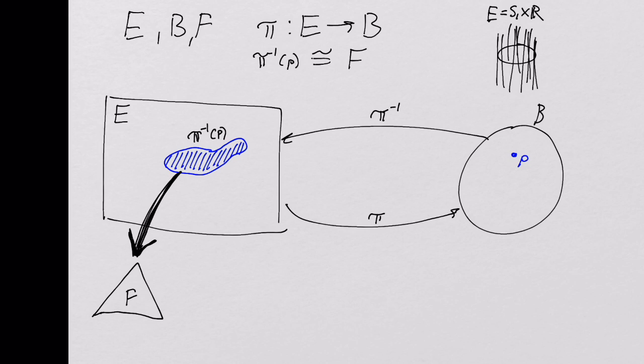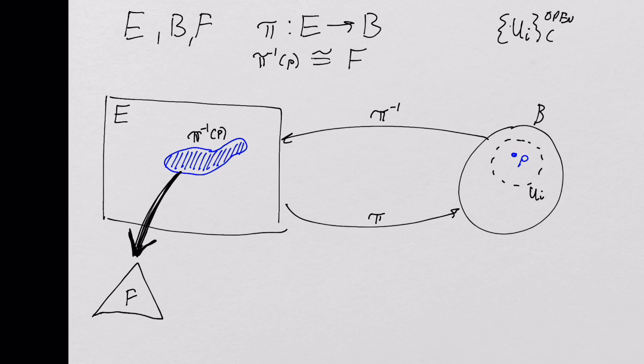What we can always do, however, is for any given subset of B that is part of a cover, so I'll call this subset U_i, and the set of all the U_i is an open cover of B.